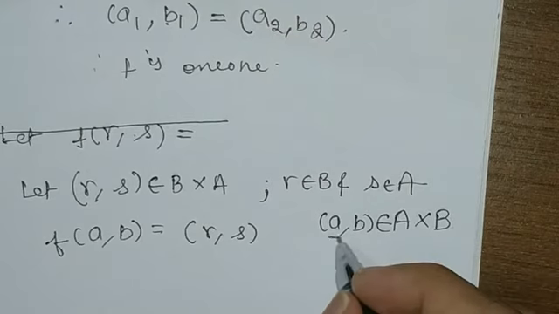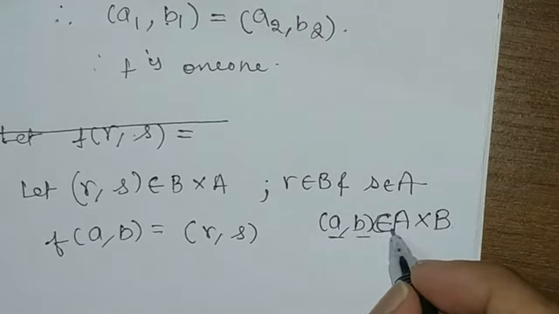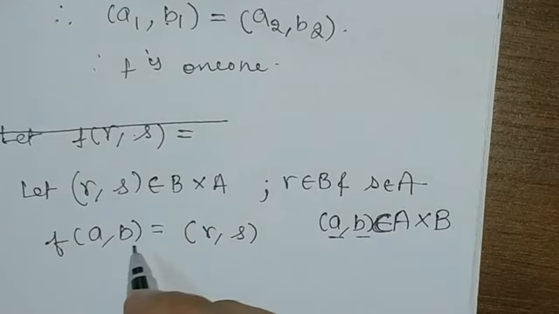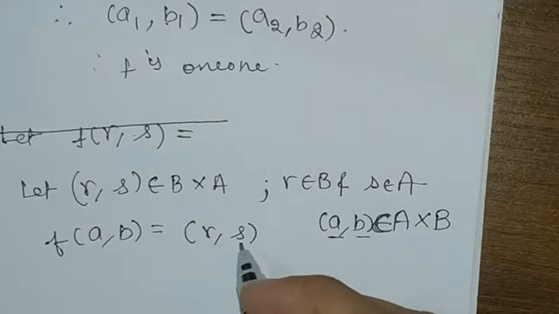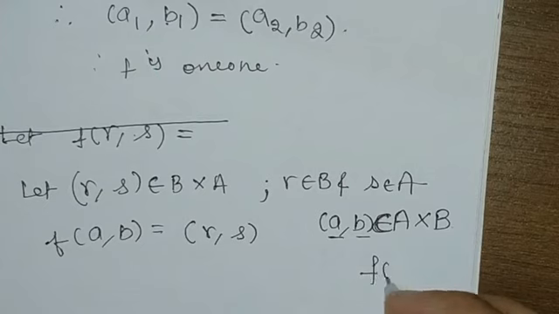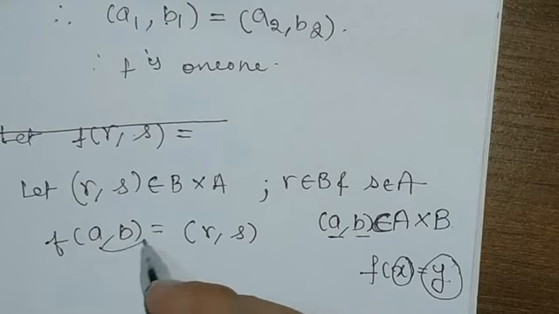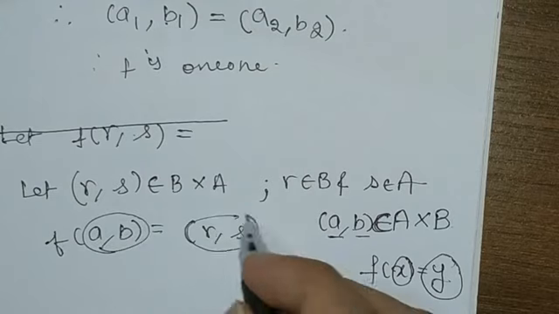But we still have to find a and b in terms of r and s, like how you do f(x) equal to y and find this x in terms of y. So we have to find this ordered pair in terms of this ordered pair.